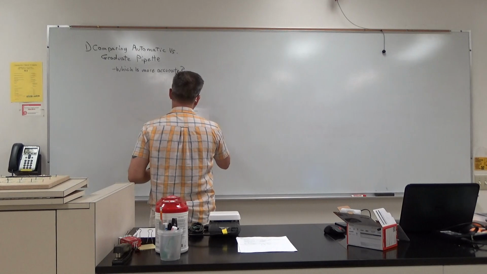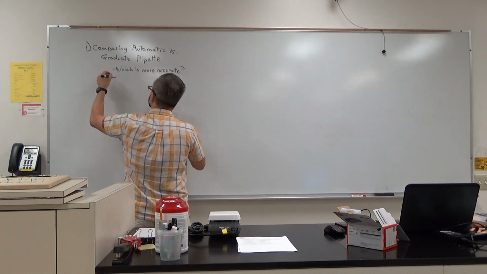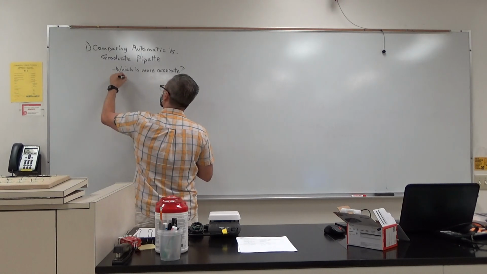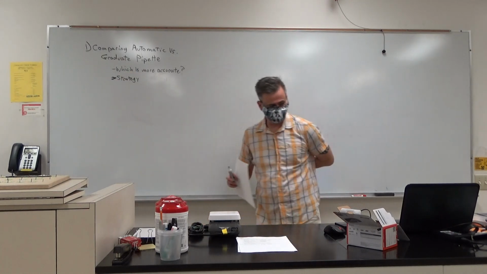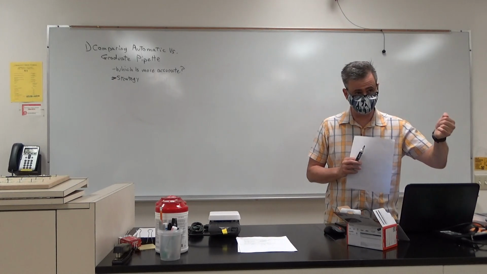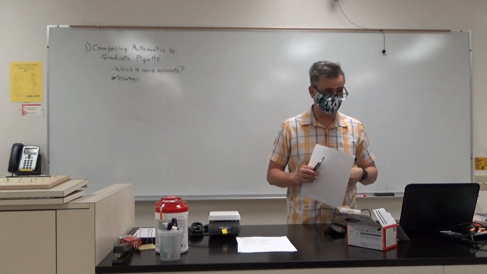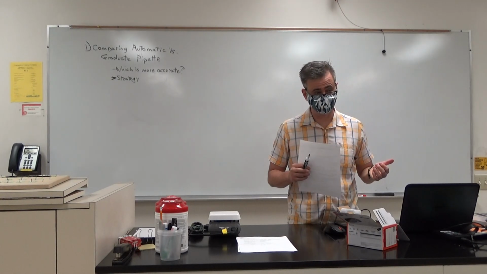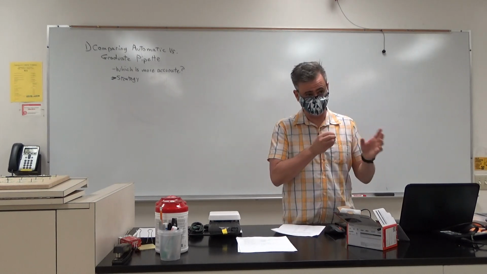Okay. Here is our strategy for how we're going to do this. We're going to dispense out half a mil from the graduated pipette, and half a mil from the auto pipette. Then we're going to weigh them using the same balance.